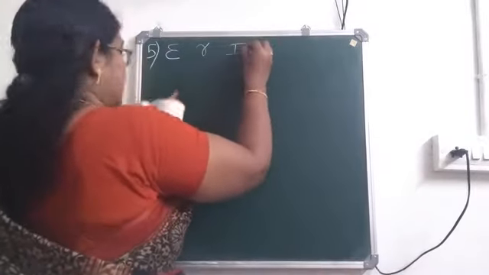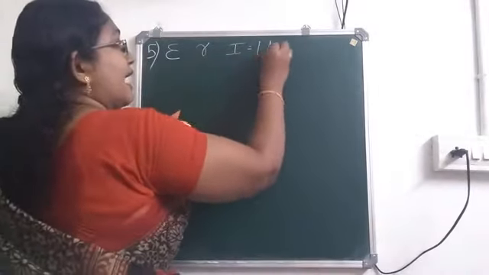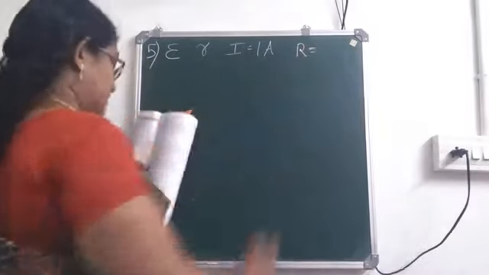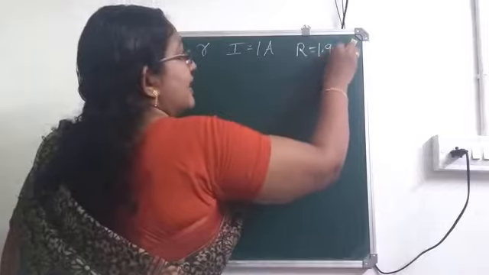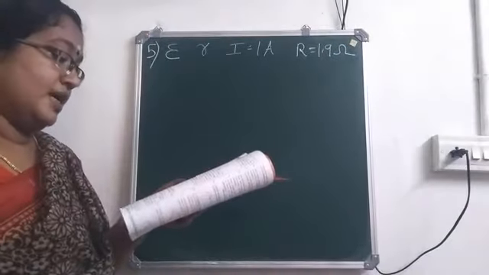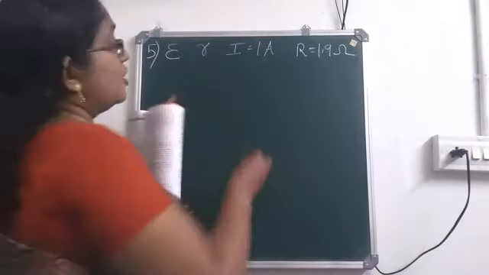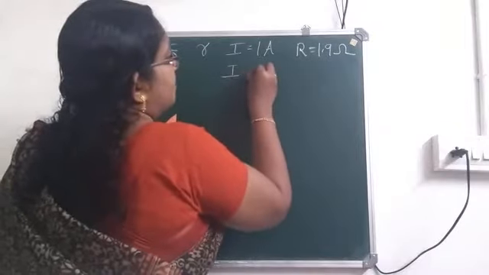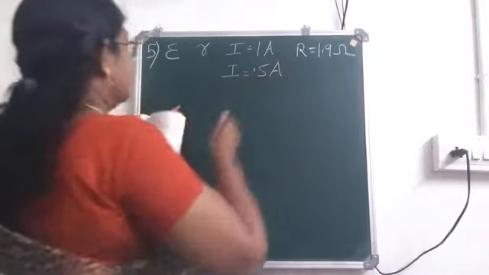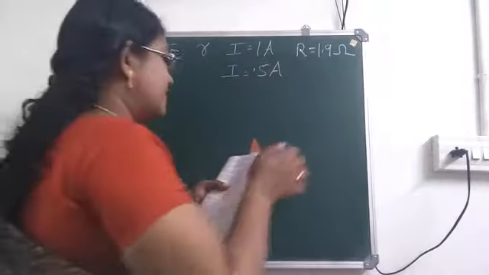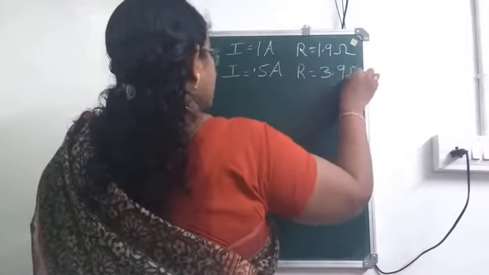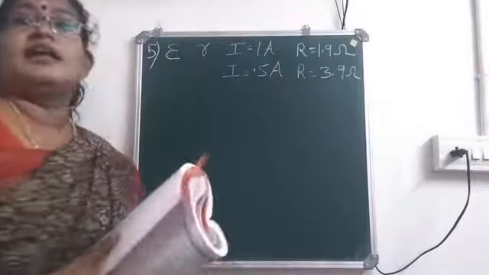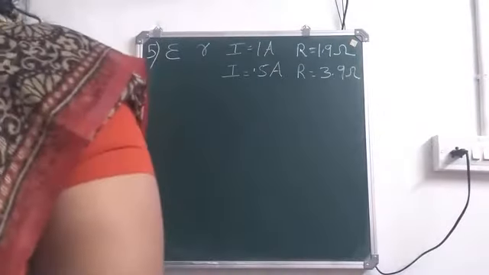So I is equal to 1 ampere if the external resistance is 1.9 ohm. But it sends a current of 0.5 ampere when it is connected to an external resistance of 3.9 ohm. Calculate the values of epsilon and R.